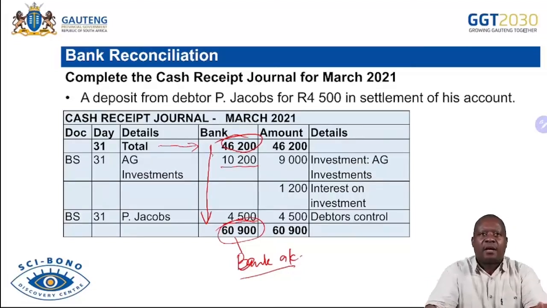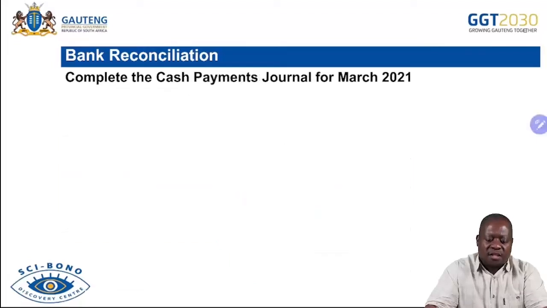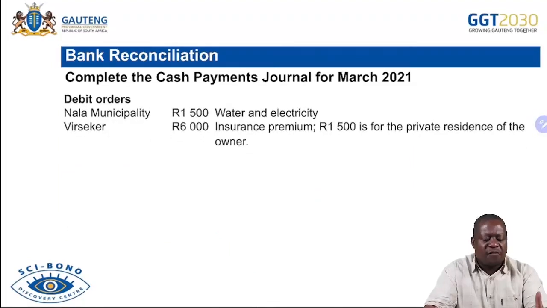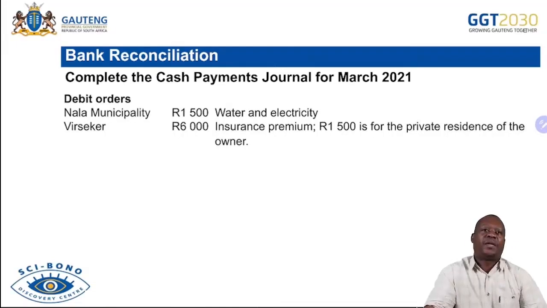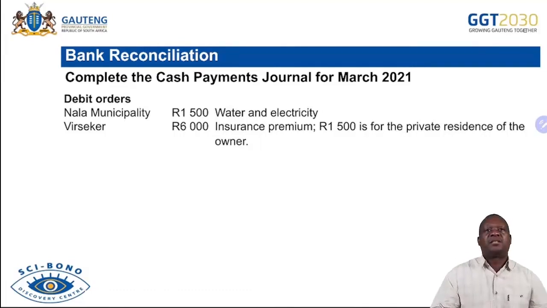So one down. Our next port of call is the CPJ. Now, according to the information, the other two debit orders that we have not yet dealt with are payments. The first one is a payment to Nala Municipality for water and electricity. So it's straightforward.